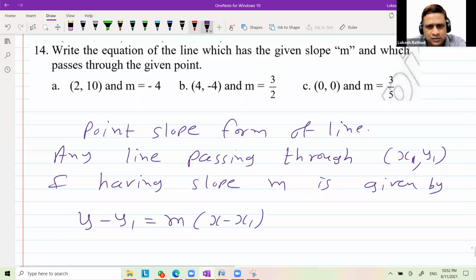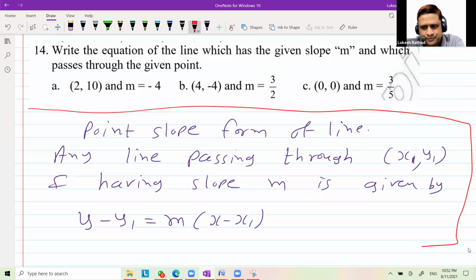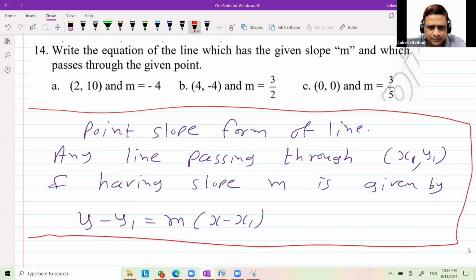So just consider this as the concept part or theory part, right? Any line which is passing through the point x1 comma y1 and having slope m is given by this equation: y minus y1 is m into x minus x1.